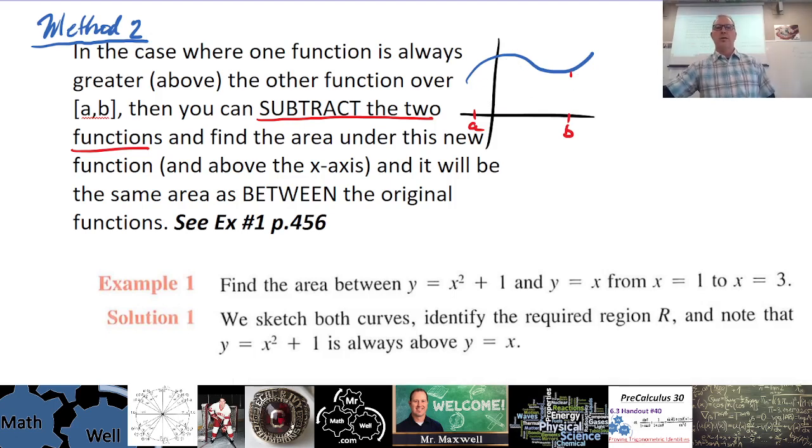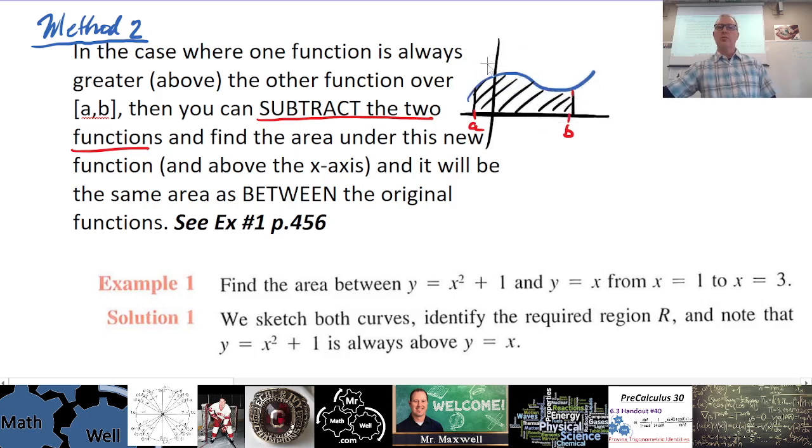I'm actually going to put the lower function as a horizontal line. Now, between A and B, right here, this is the area, right? Now, what happens if I were to subtract these two? This function minus the constant function. All we would be doing is moving the function straight down.